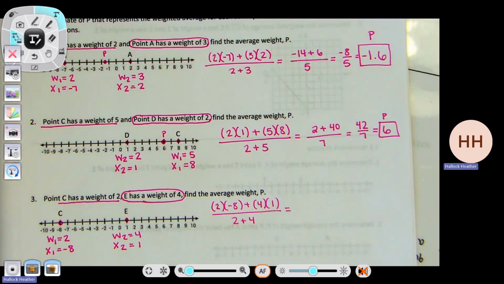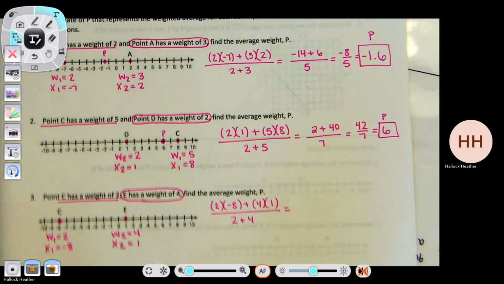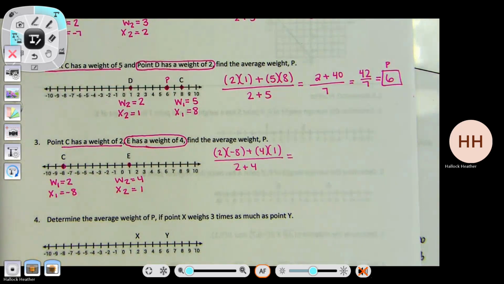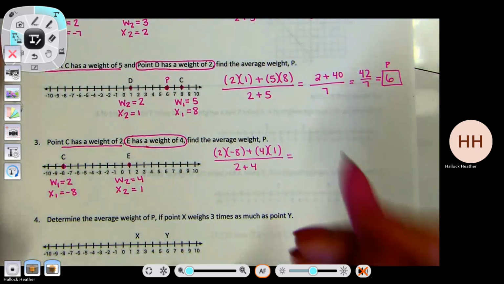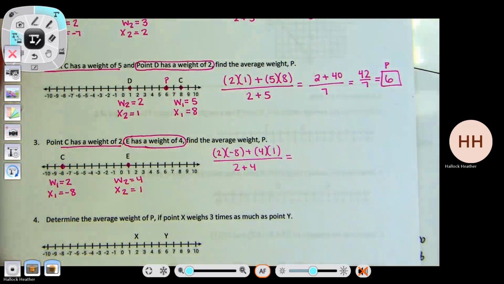That's good. Nice. On number 2, you put weights as 2. So why did you put both?